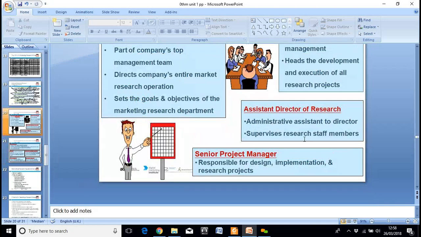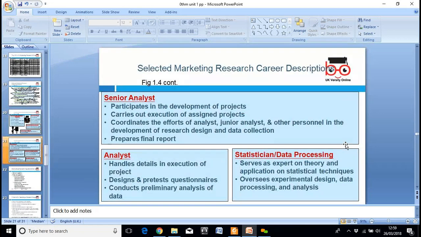Administrative assistant supervises staff members, responsible for the design, implementation and research projects together. We've got a senior analyst who participates in the development of projects, but also carries out the execution of them and coordinates the efforts of the analysts, junior analysts and other personnel in the development of research design and data collection, and prepares the final report.